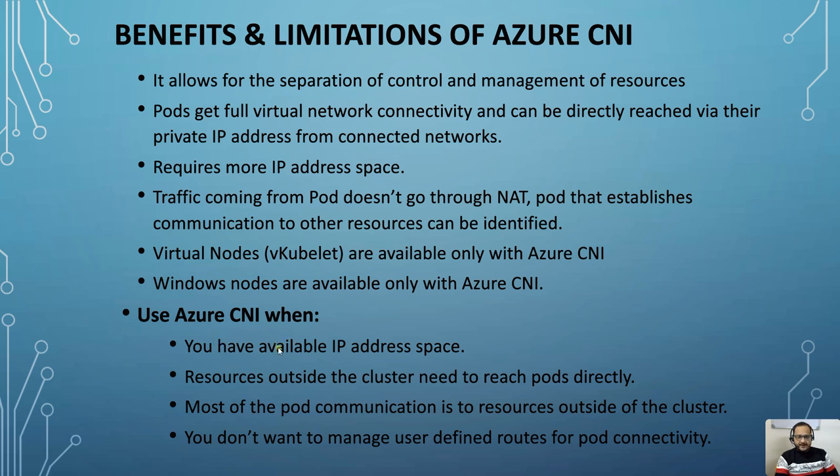Use Azure CNI when you have available IP address space. Resources outside the cluster need to reach the pod directly, like some kind of database for the backend. Most of the pod communication is to resources outside of the cluster. You don't want to manage user defined routes for pod connectivity. In that case, you can use Azure CNI.